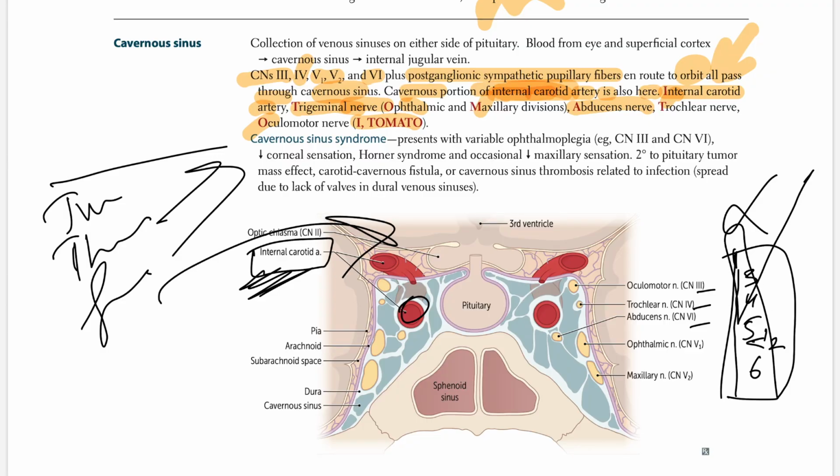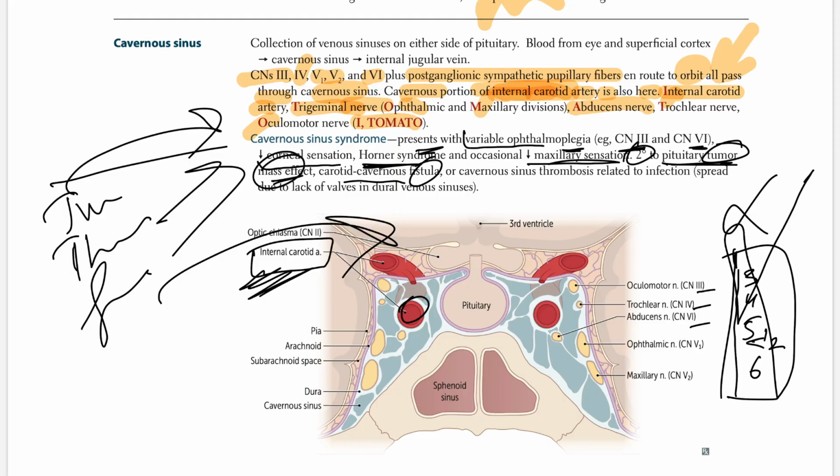So they will present with variable ophthalmoplegia. Why? Because you're compressing CN3, 4, 6, decrease in corneal sensation, Horner syndrome, and occasionally decrease in maxillary sensation. Secondary, why would you have it? Because of pituitary tumor mass effect, carotid cavernous fistula. Okay, so a tumor, mass, or fistula can compress the cavernous sinus, leading to cavernous sinus syndrome.